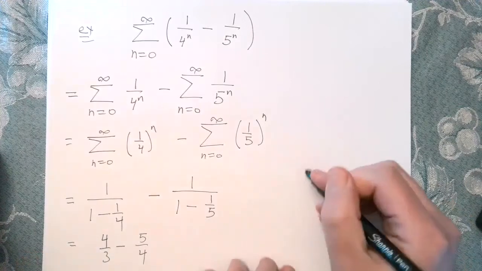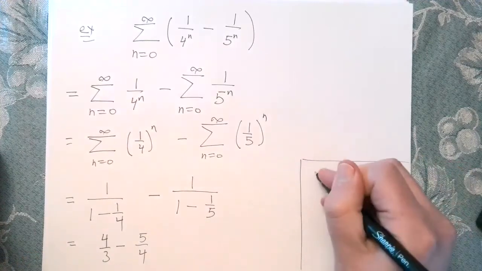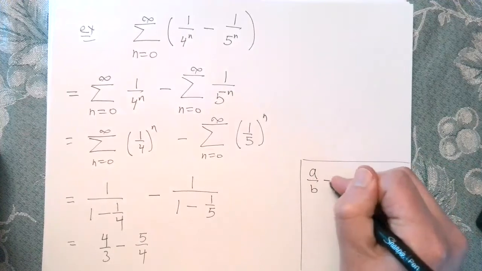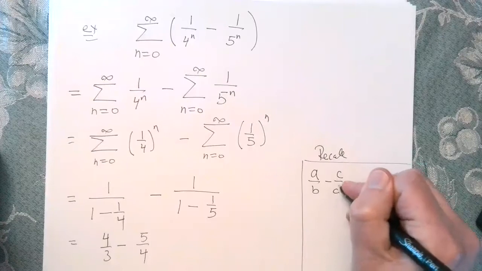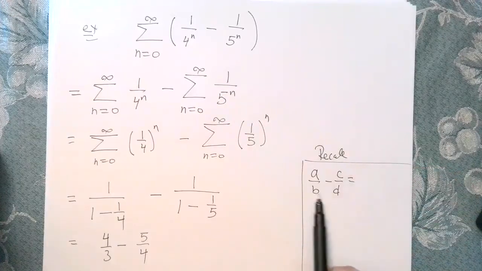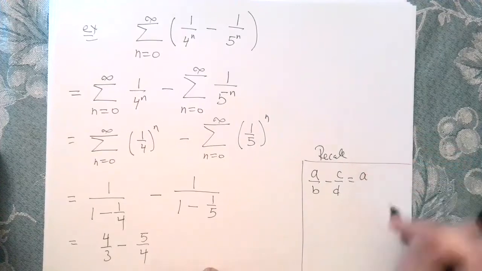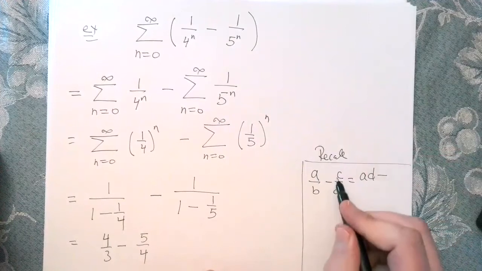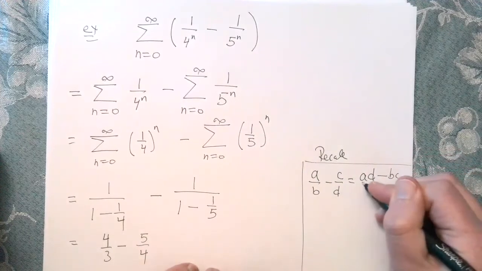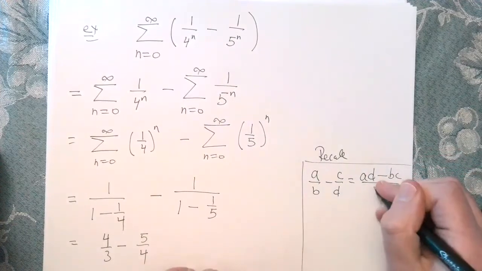And we mentioned before on this channel, let's call this a recall, that if I want to subtract fractions in this way, of course, supposing the denominators are non-zero, I would have this product, which is a times d, minus this product, which is b times c, over this product, which is b times d.